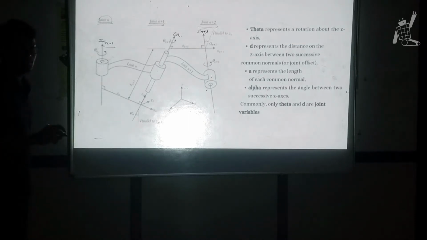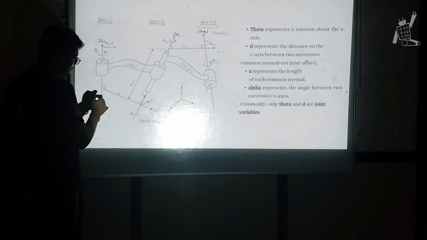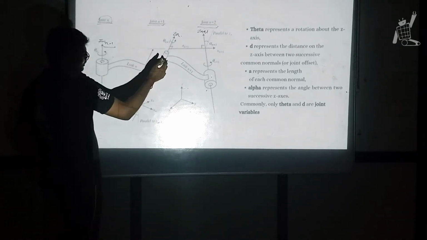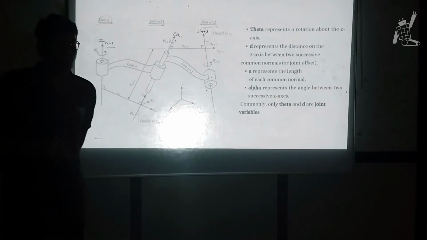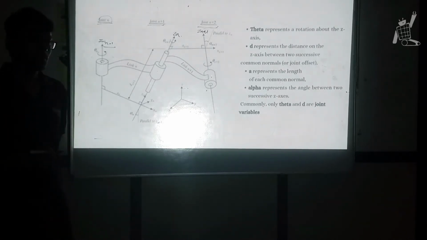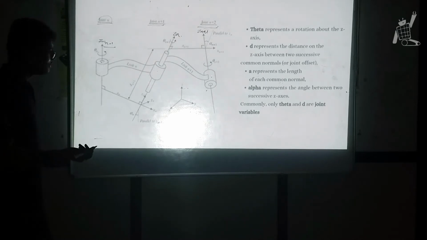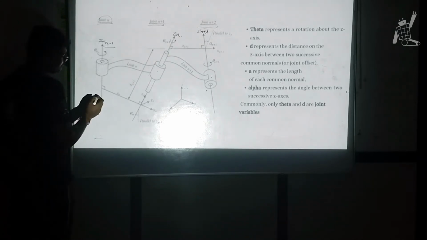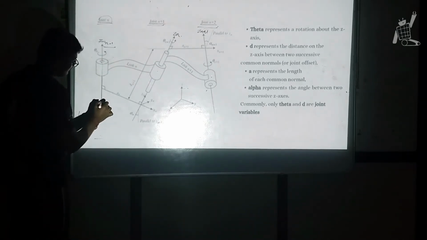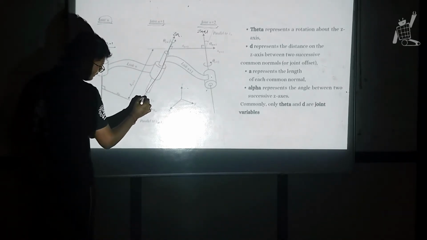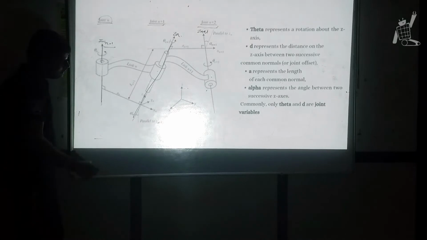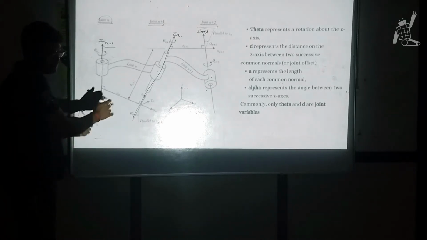Next will be the assigning of the X frames. Usually the X will be in the direction of the common normal distance between the two joints. Common normal means this is the exact Z axis, right? This is the Z n axis.